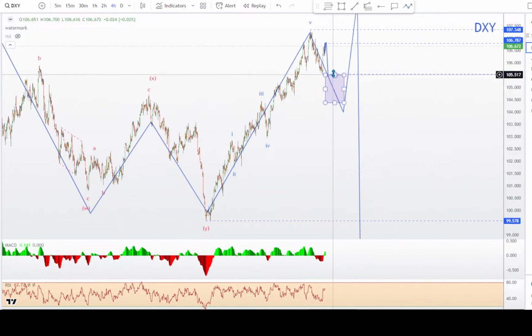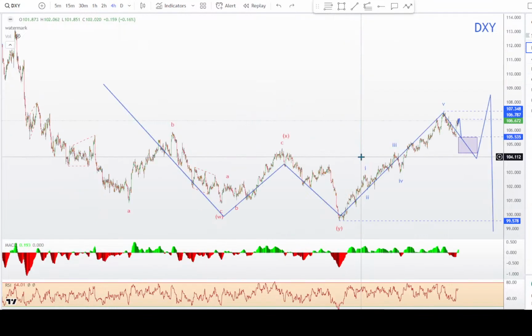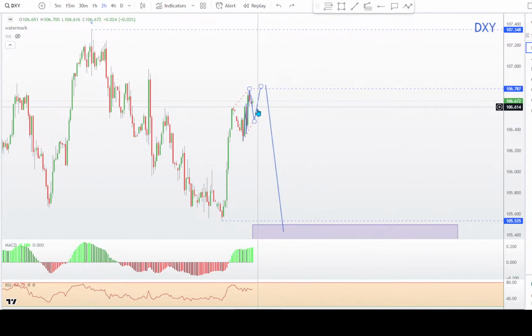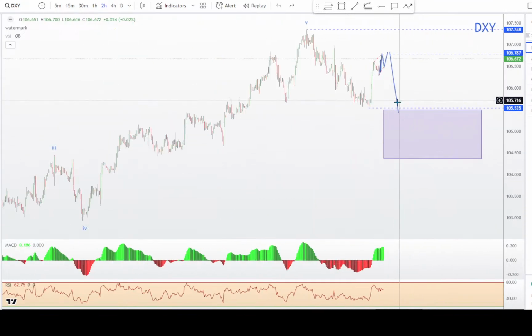So zooming in, that's why I think they're in the process of completing B, come back down, take out 105.53, and then somewhere down in here.